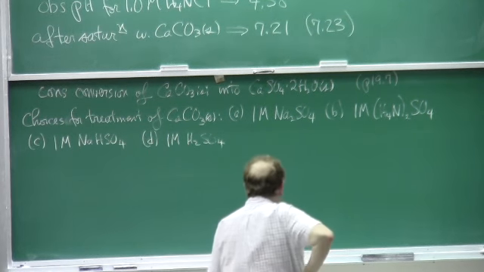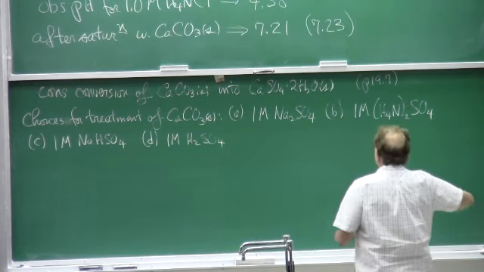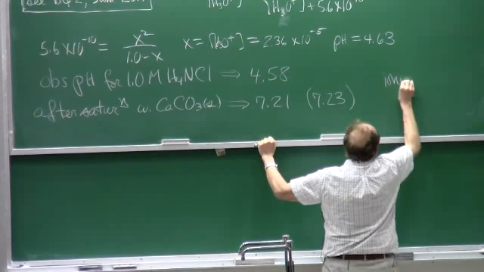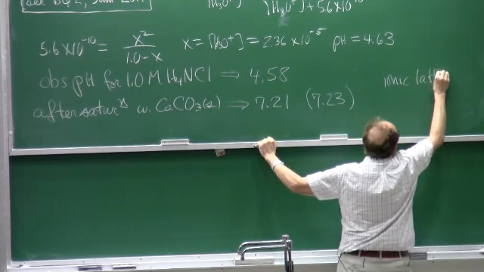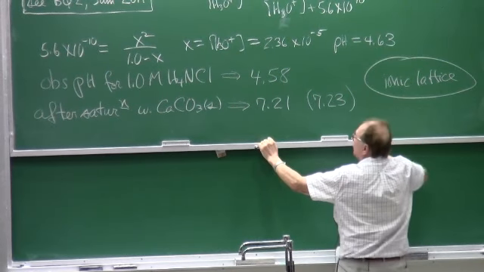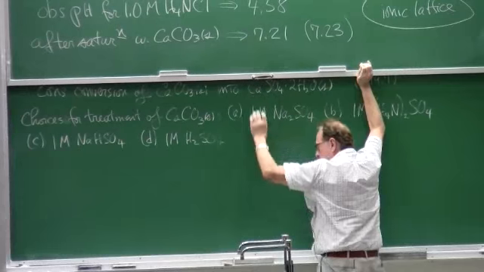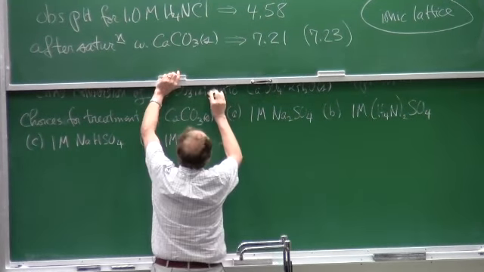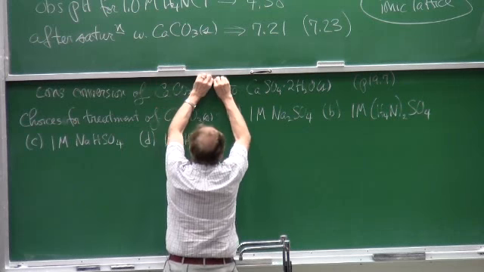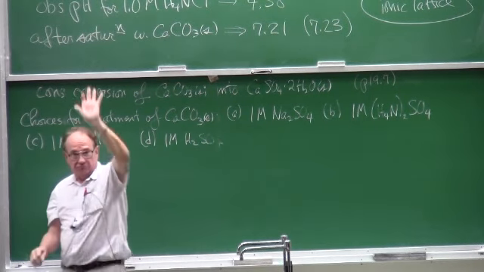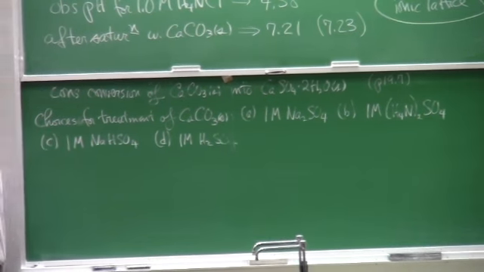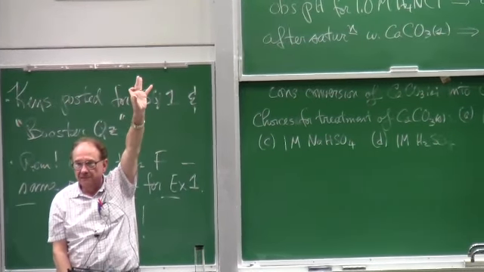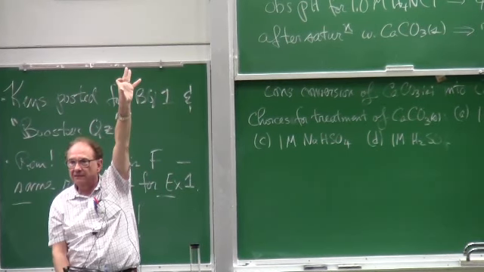What about the ionic lattice? Did you do anything with the ionic lattice in Chemistry 2045? I'm curious. Yes or no? Ionic lattice. Didn't do anything with the ionic lattice.